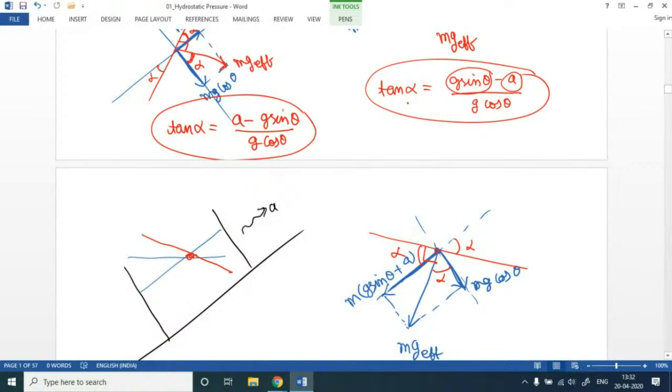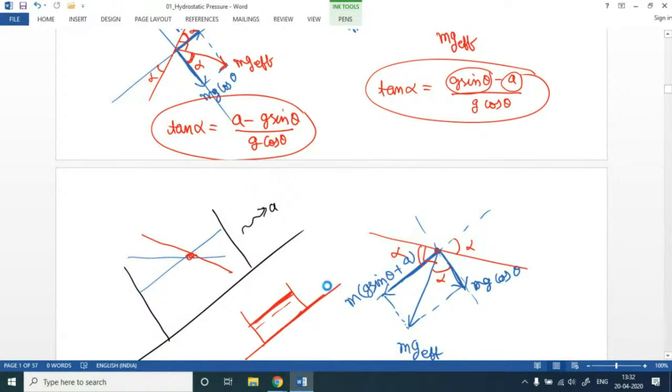So if this container is sliding freely, then its acceleration down the incline is going to be g sine theta. So in that case, if this is the container and this is the incline, this is how the level of liquid, the open surface of the liquid, is going to be along the incline.